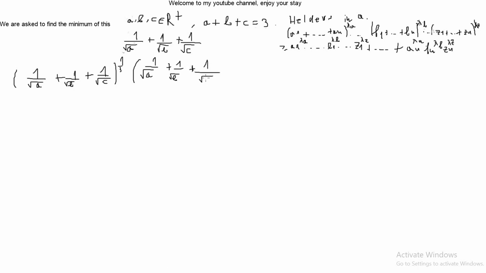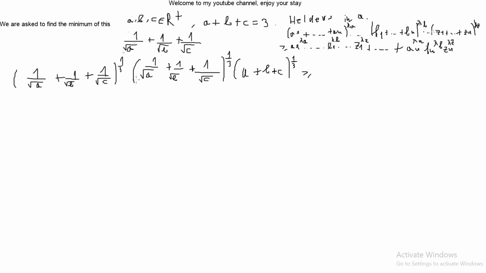1 divided by c, and now we will use the condition: a plus b plus c, of course to the 1/3 power, and also here. Why did I do this? Let's take a look.